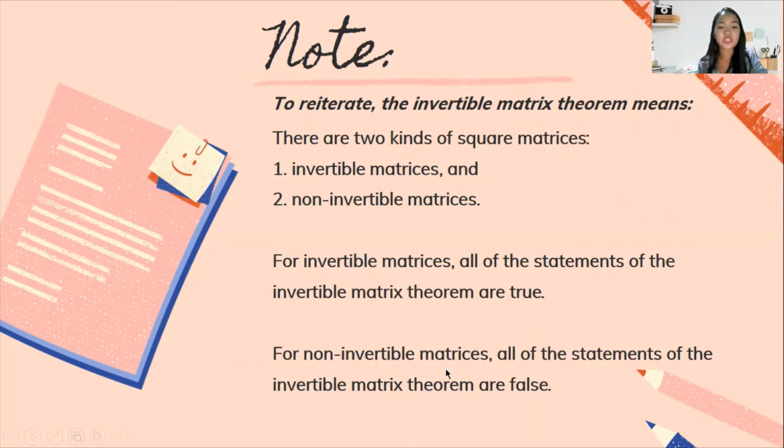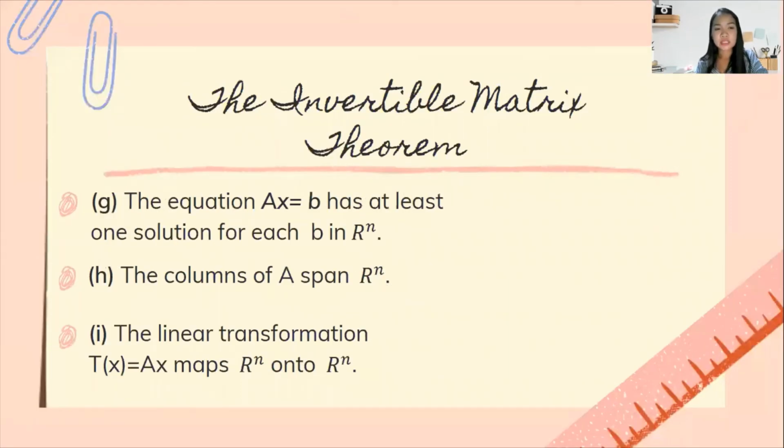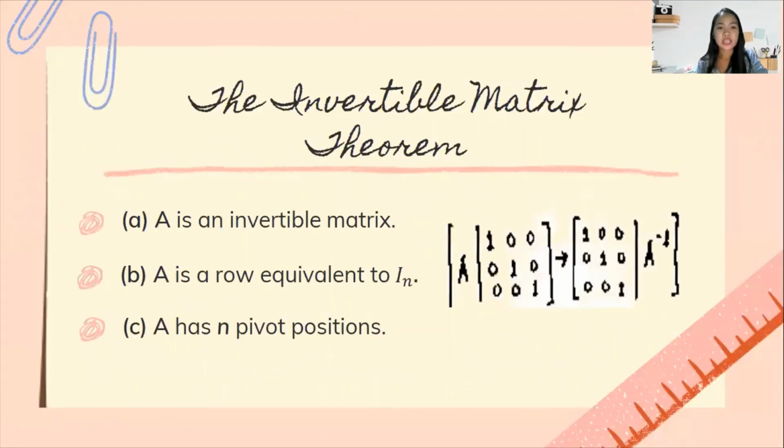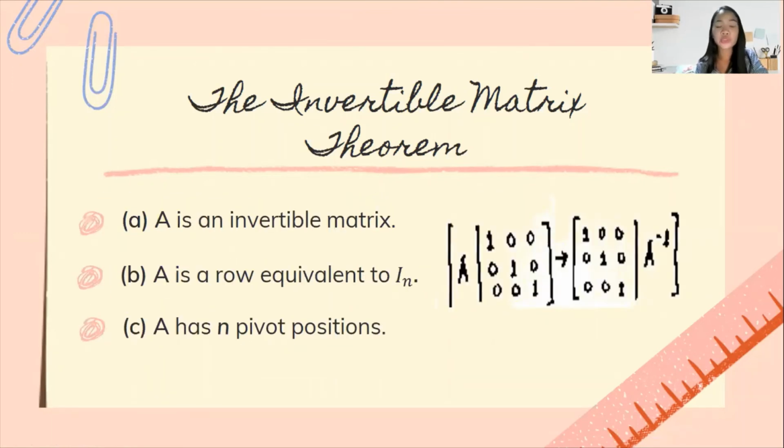And for non-invertible matrices, all of the statements are false. Take note that if only one statement in the invertible matrix theorem is true, all the rest of these statements are also true.